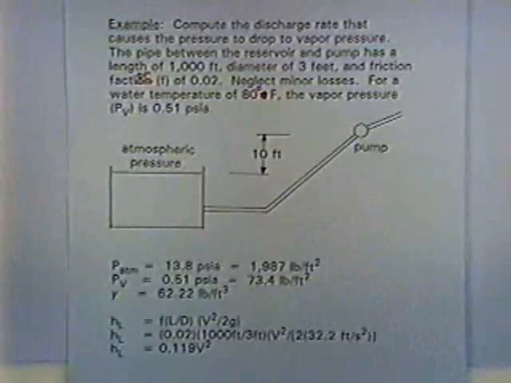Now, if you drop it enough, if you drop it all the way to vapor pressure, you can have the water start vaporizing. That's called cavitation. And what happens is you get vapor bubbles form because the water is converting itself to gas, to vapor.